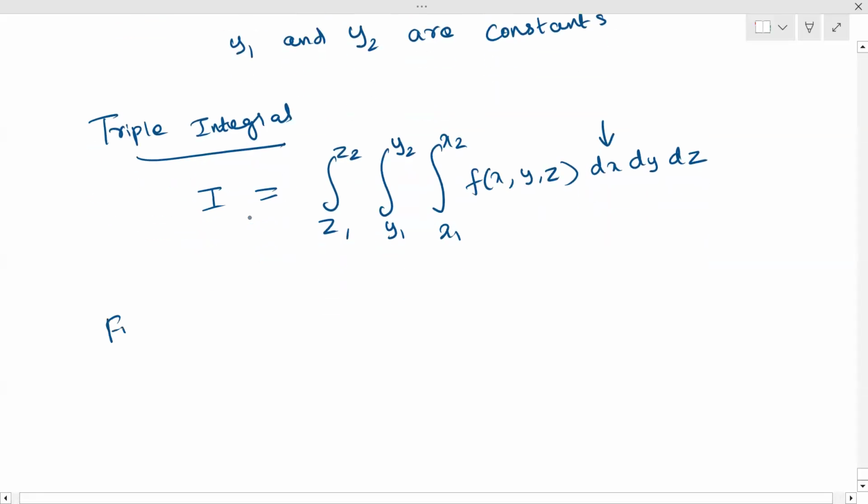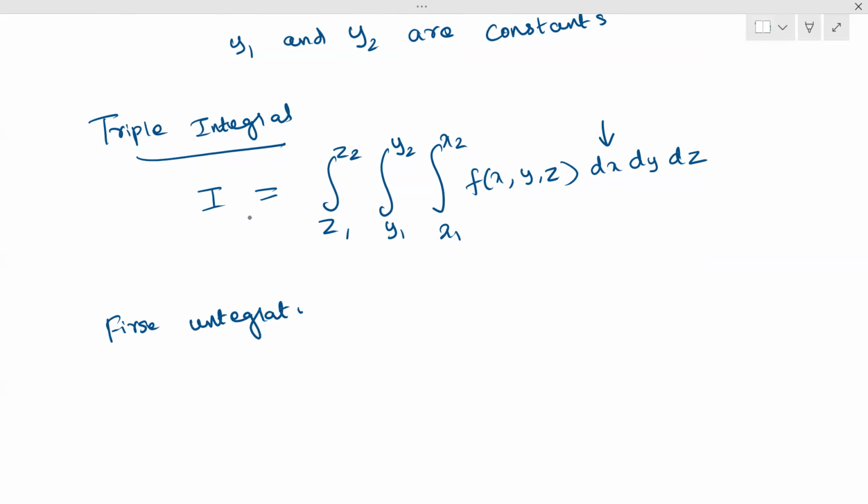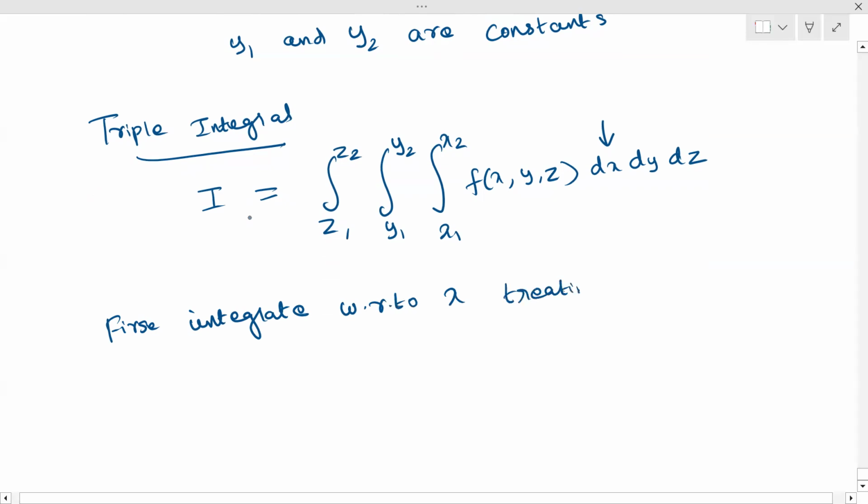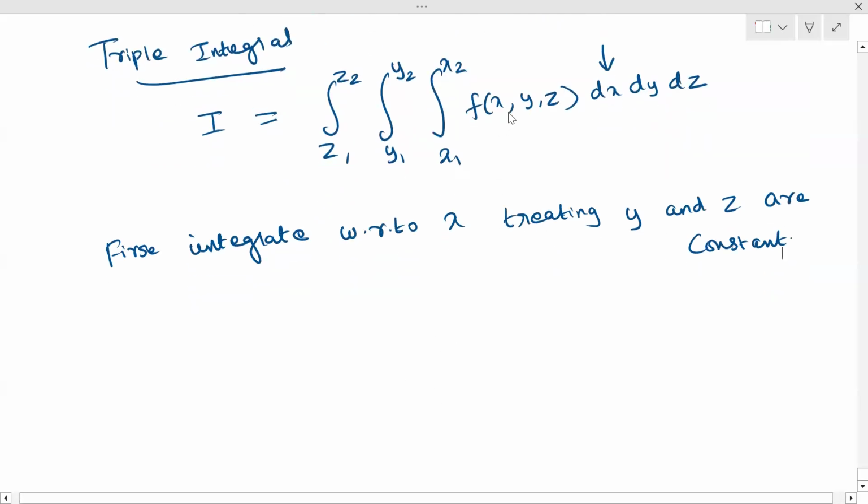So first, integrate with respect to x. So treating other variable. What are the other variable? y and z. y and z are constant. So when we do the inner integration by treating y and z are constant, after that we have to apply the limits.